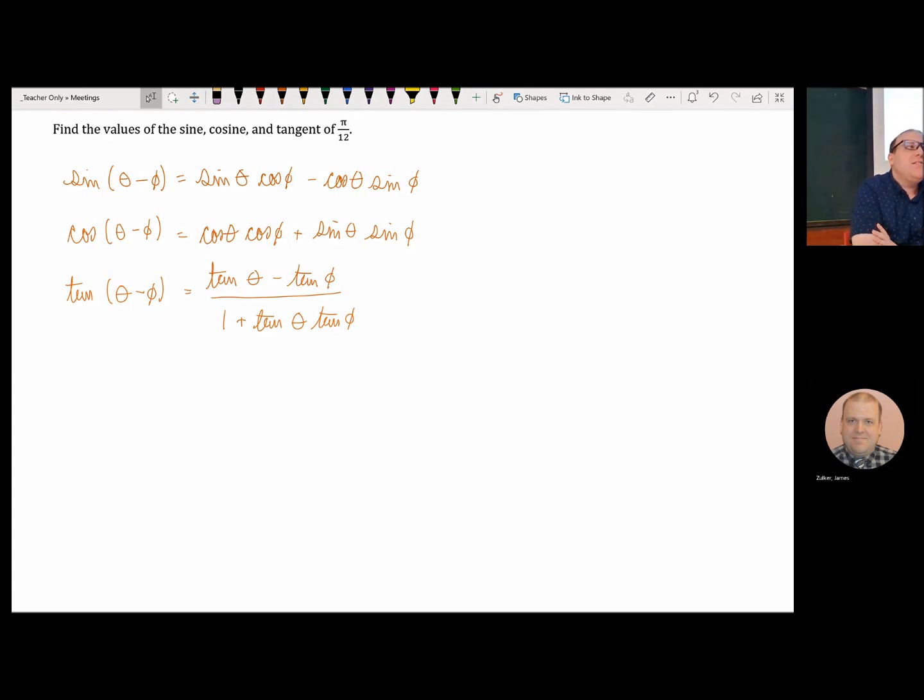Now we can. And it's not just half of the sine of pi over 6? Well, I haven't done the half angle. It doesn't work that way. You could also treat pi over 12 as half of pi over 6 and use the half angle identity. Same values, they just have different forms.